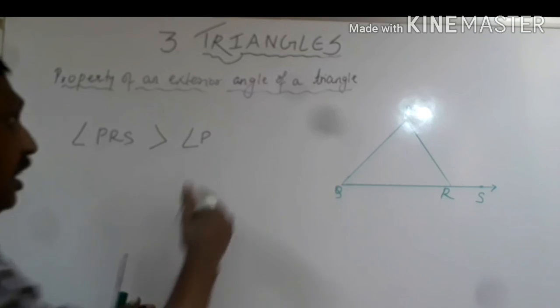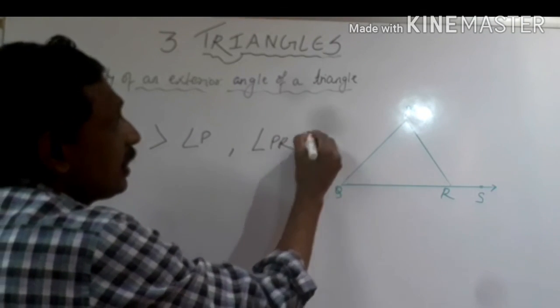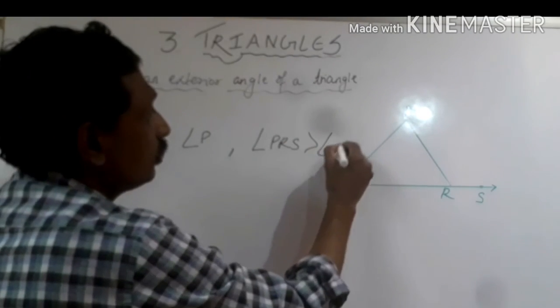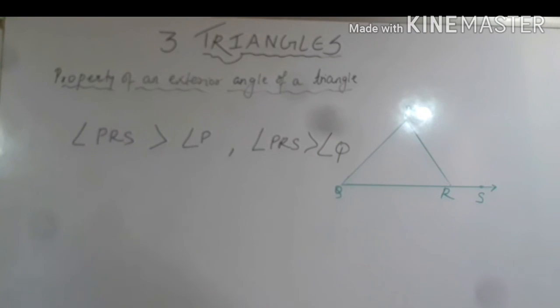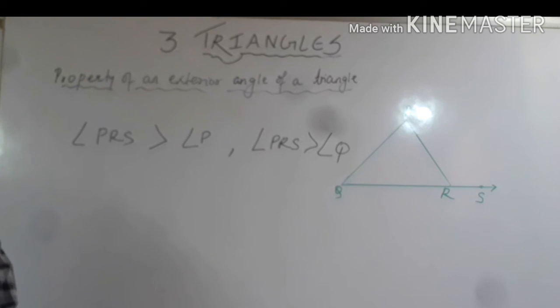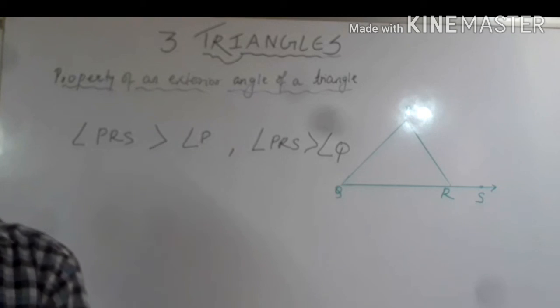And again, angle PRS is greater than angle Q. This is the property of an exterior angle of a triangle. Exterior angle of a triangle is greater than its remote interior angle.